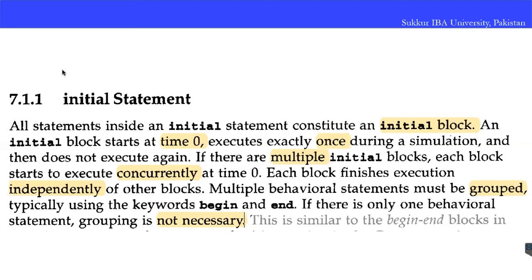There's no sequential nature as we have in C or C++ programming. And if there are more than one statements inside the initial block, we have to use the begin and end keywords to group them. Otherwise, the simulator will give an error.